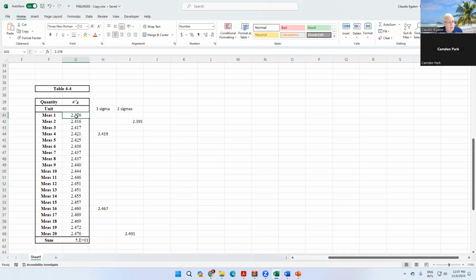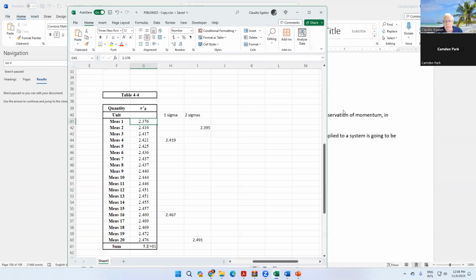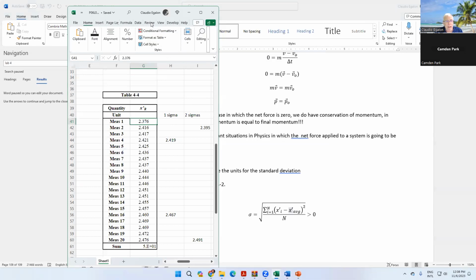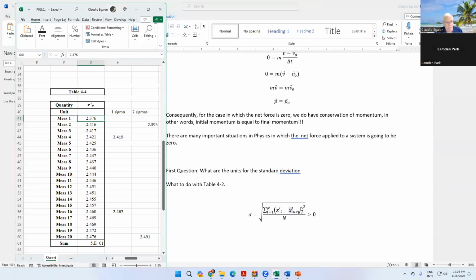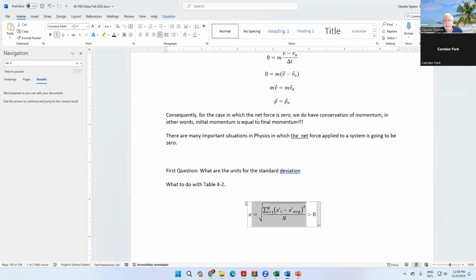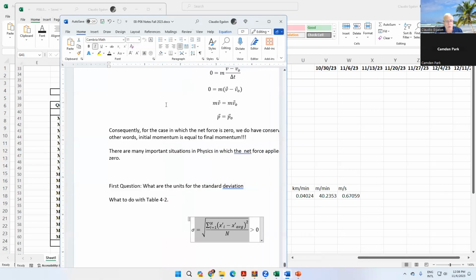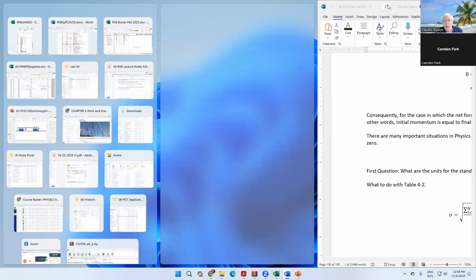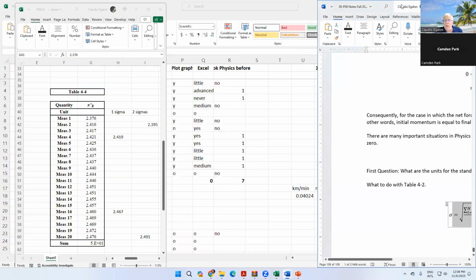Hold on. This value, subtract from the average, square it. That's how you do it. So I need to get the average for 4.4, I mean the 4-4 average. That's right. That's what the sigma is doing for you. You don't need to calculate it because the spreadsheet is already doing that for you.